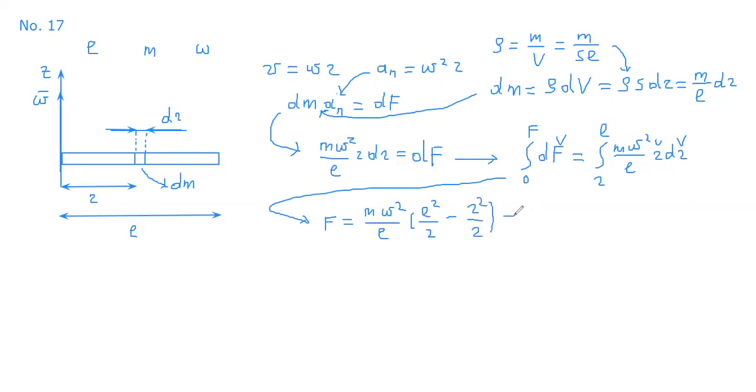And we have m omega squared divided by 2L, multiplied by L squared minus r squared. Okay, this is the answer for the first part of the exercise.